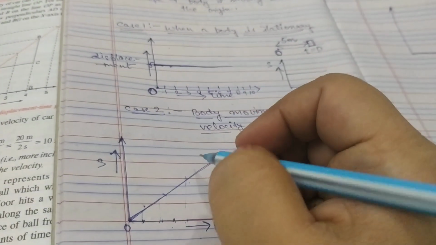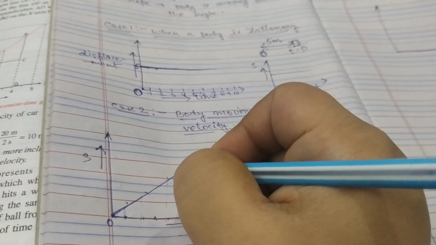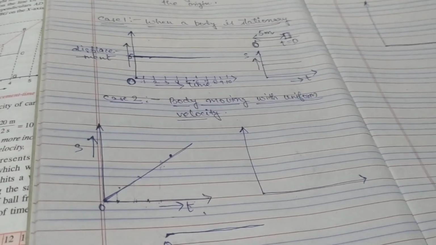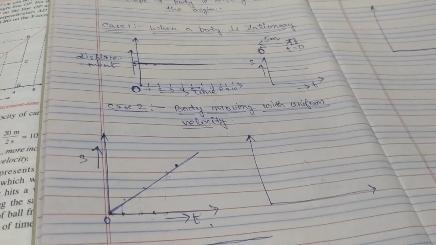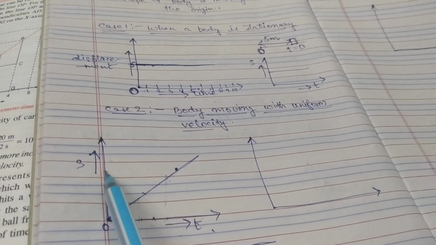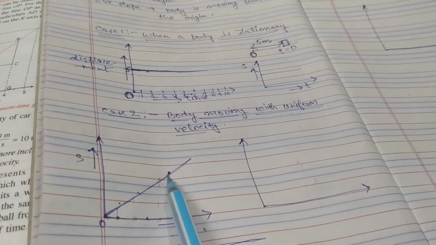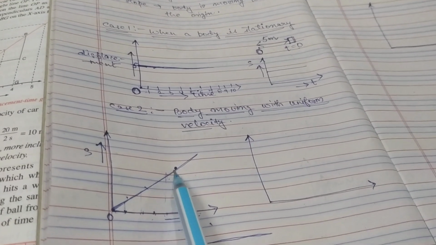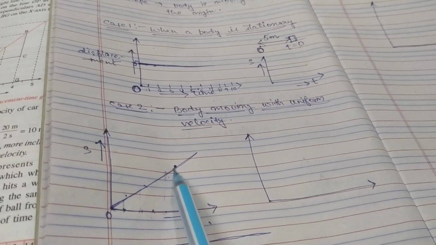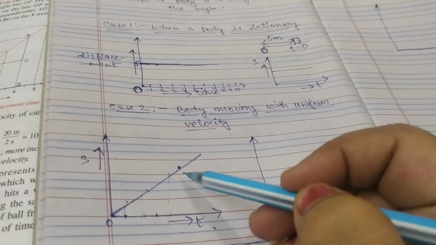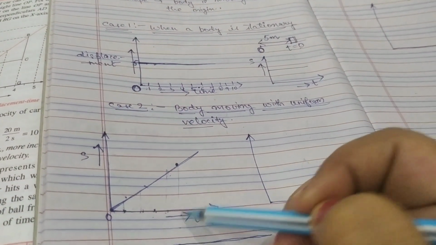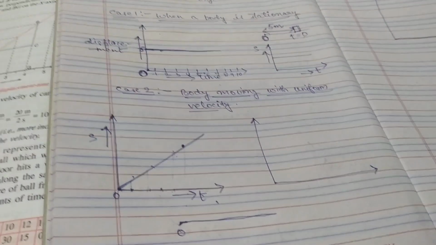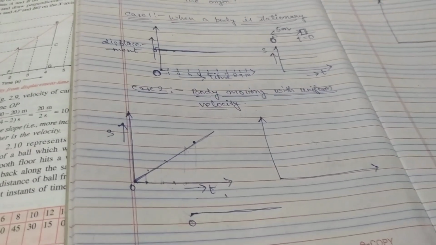Now see, if I have any point on the graph, at this point, what is the time? The horizontal distance of this point is showing the time at which instant we are noting the displacement, and the vertical distance of this point will show us the displacement. This is how a graph is read.